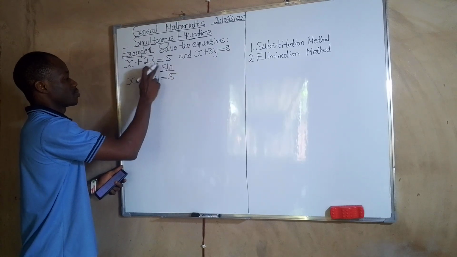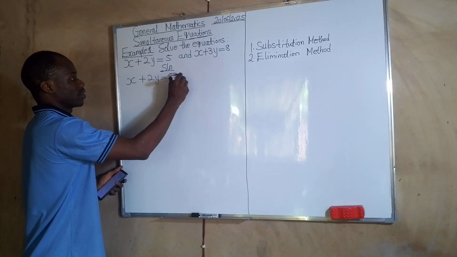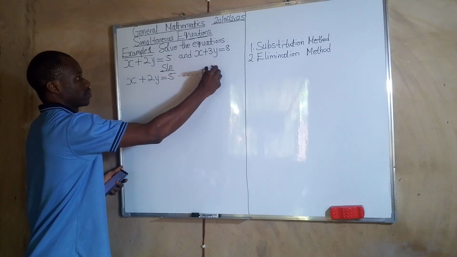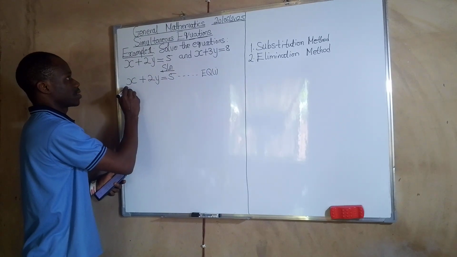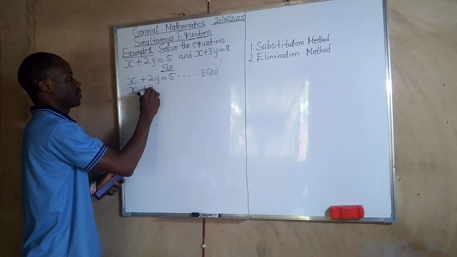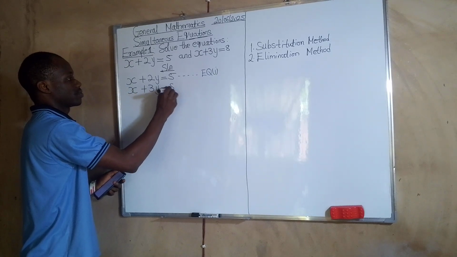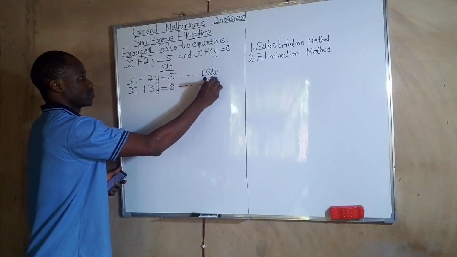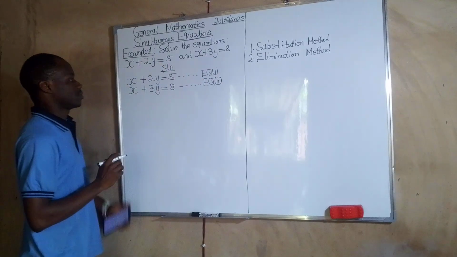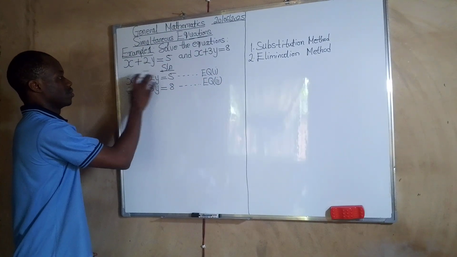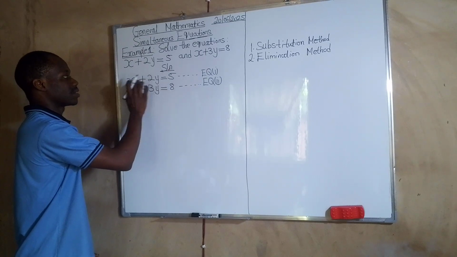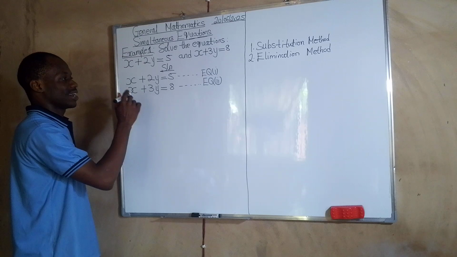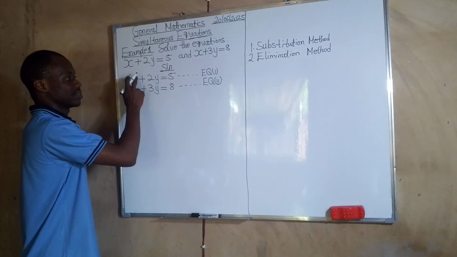So this is x plus 2y equals 5, which we identify as equation 1. Then the next is x plus 3y equals 8, which is equation 2. Now, you can see the unknowns are not raised to power 2 or power 3 or power 4. They are just raised to an invisible power of 1.